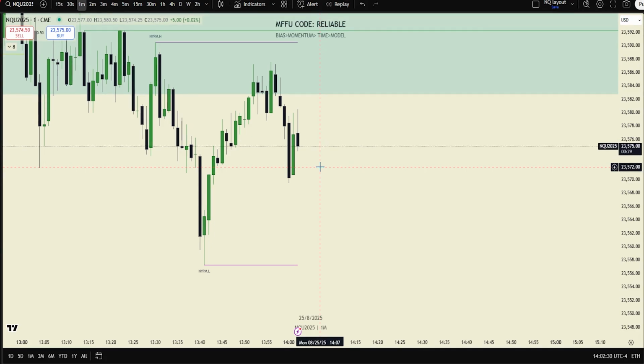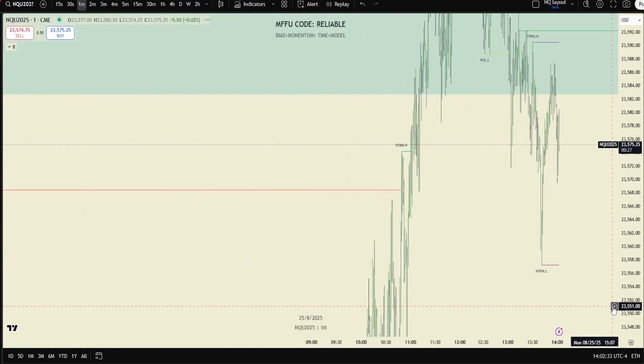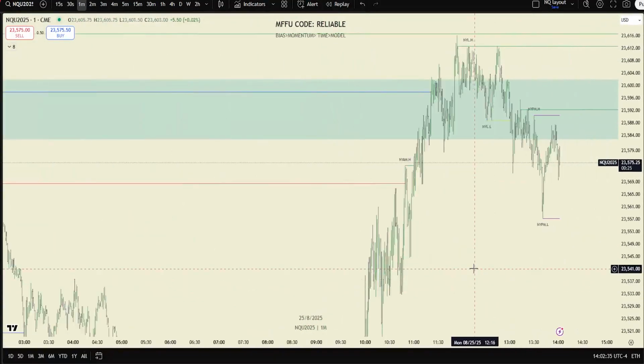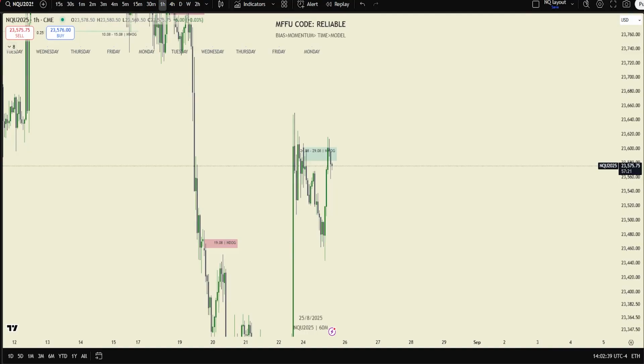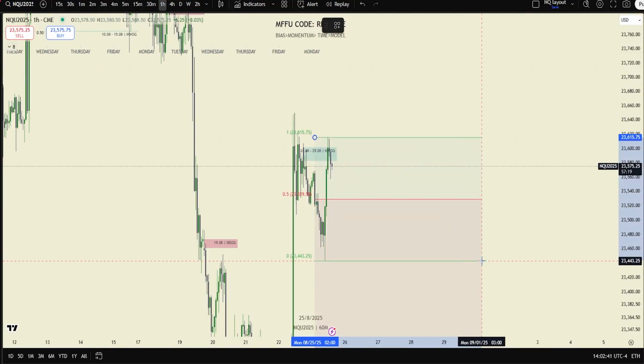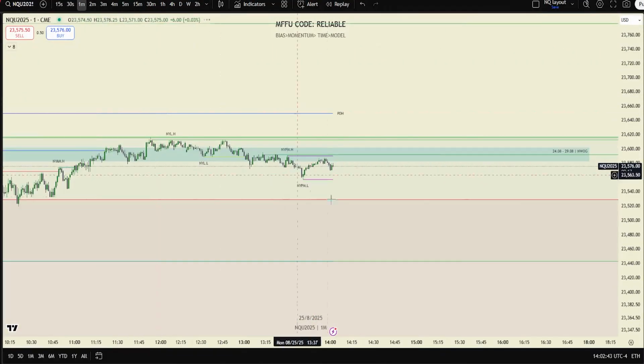Still edge the 50% of this move up from this morning. Yeah, probably. Well, it's not really edged, but yeah.